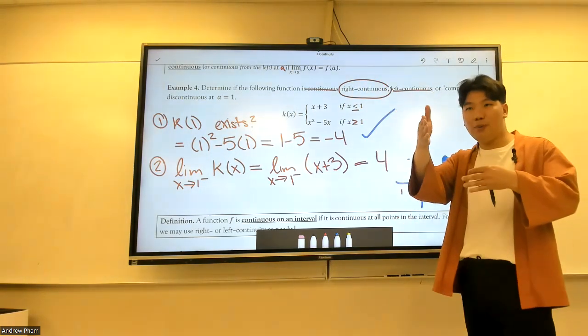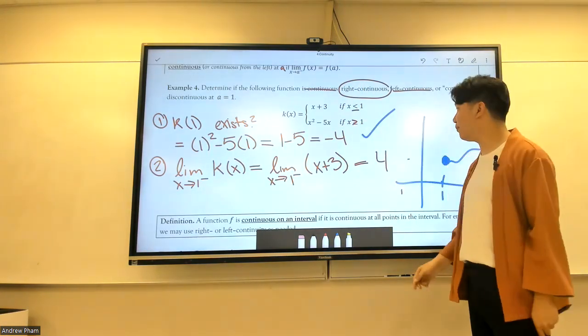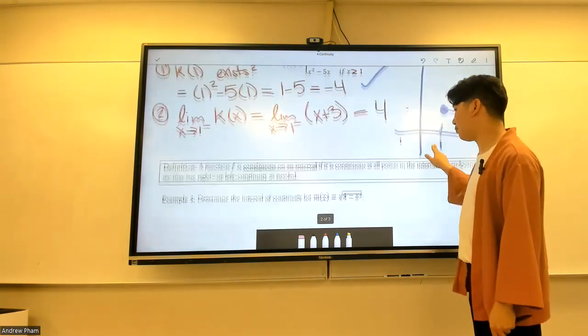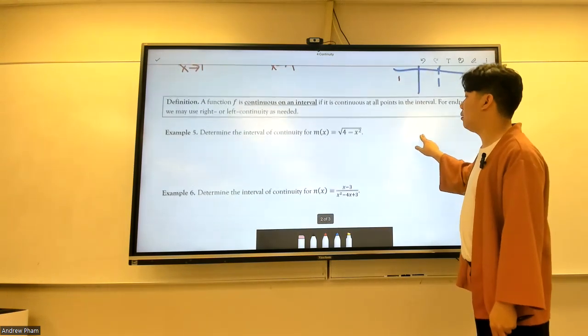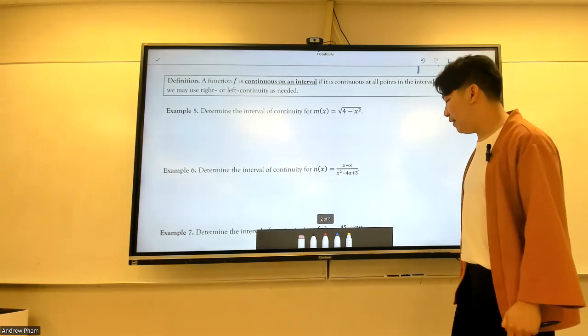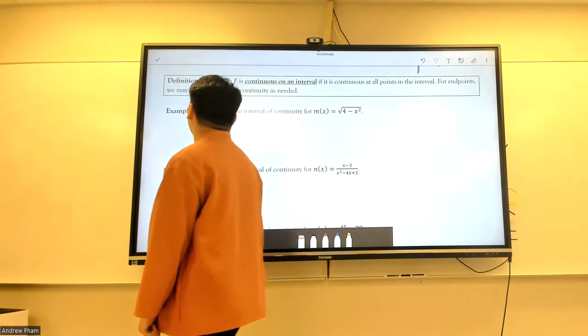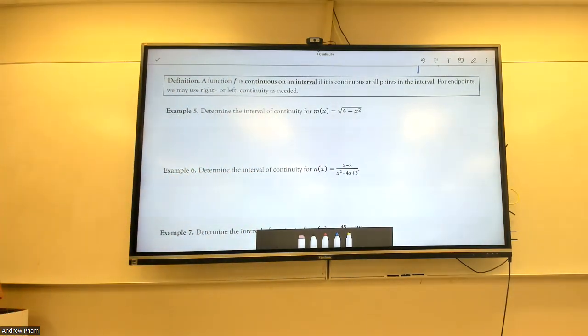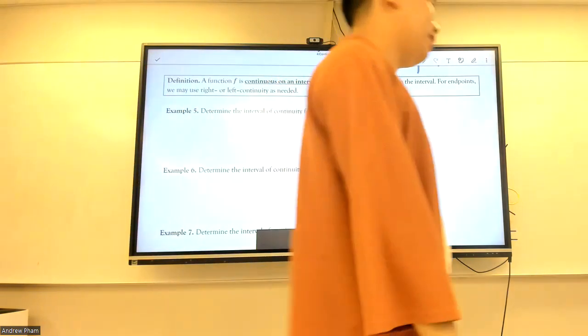In other words, instead of one point, a range of numbers. And this one will actually be a very quick one for us to cover. A function is continuous on an interval, that range of numbers, if it's continuous for every single point in there. And then for the endpoints, I would have to check for left and right continuity.